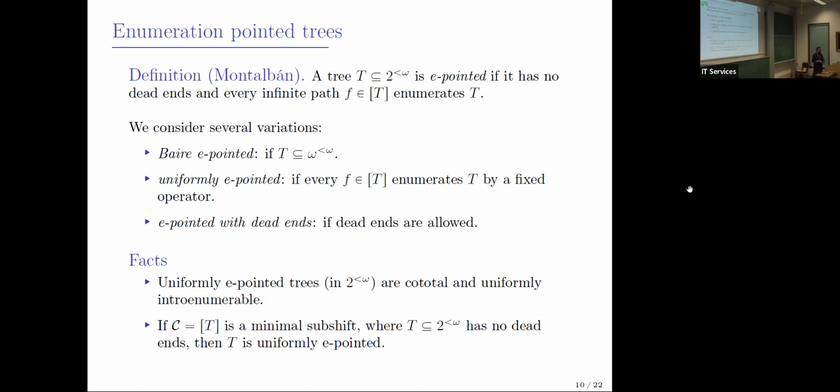So these are related. What McCarthy did in his proof is he started with a cototal degree, built an e-pointed tree in that degree, and then from that a uniformly e-pointed tree, and then from that uniformly e-pointed tree, he got the minimal subshift. But you don't actually need that last step if you're just interested in cototality and introenumerability.